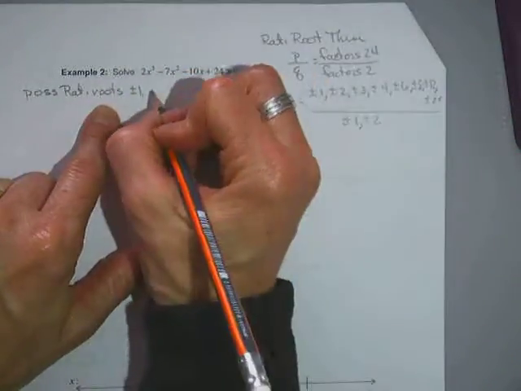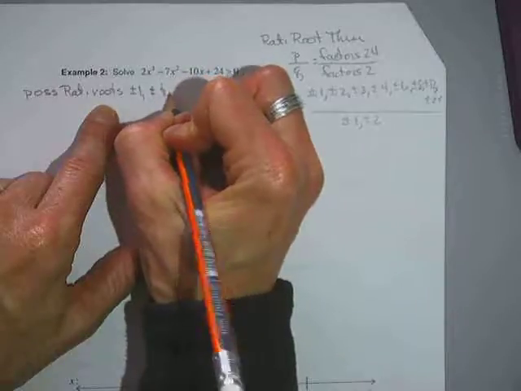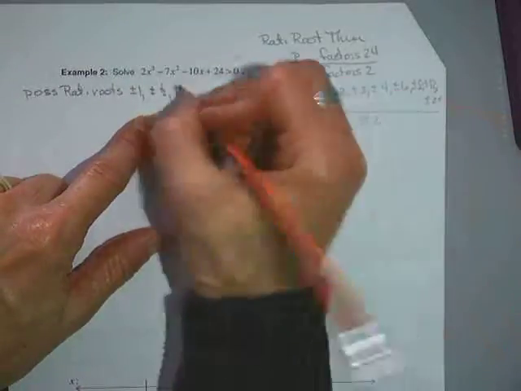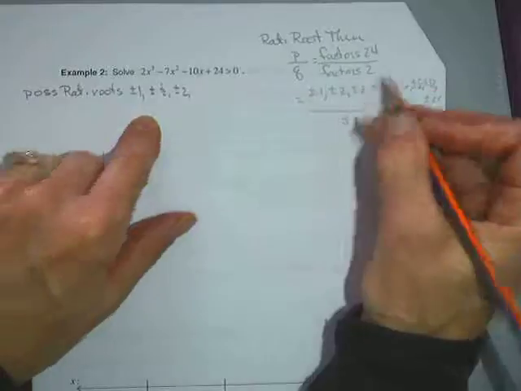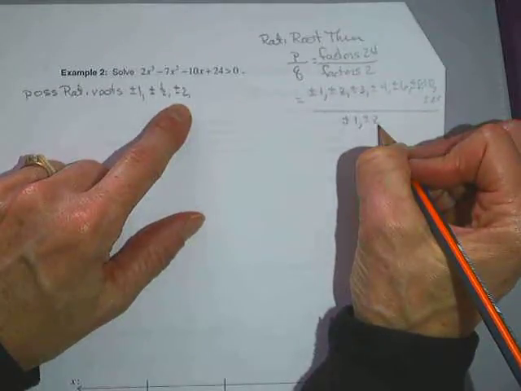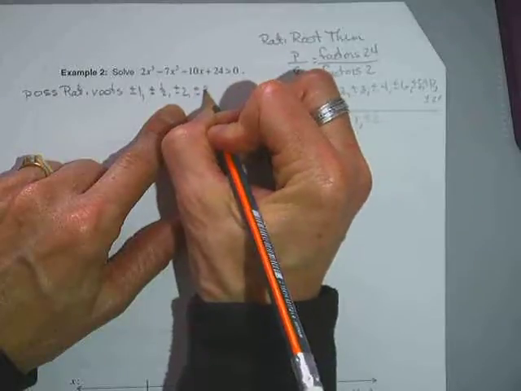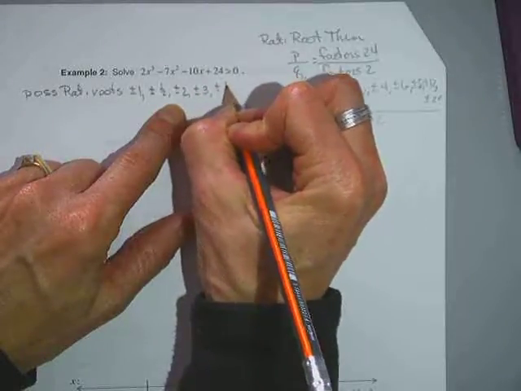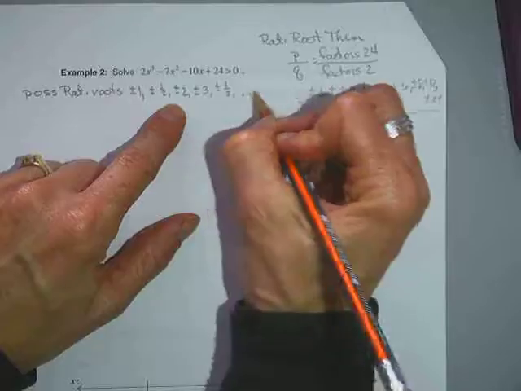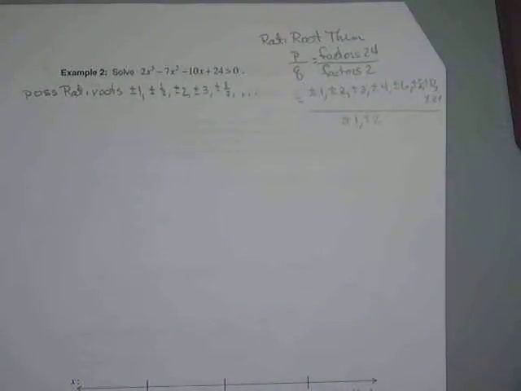Okay, so we have a lot. So our possible rational roots are 1, and then 1/2, 2 over 1, 2. 2 over 2 is 1, so I'm not going to count that. 3 over 1.